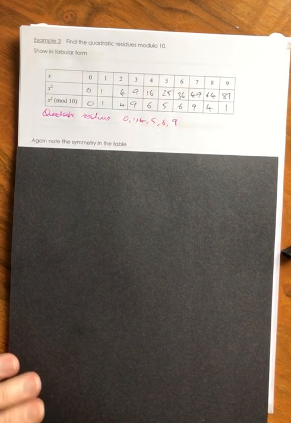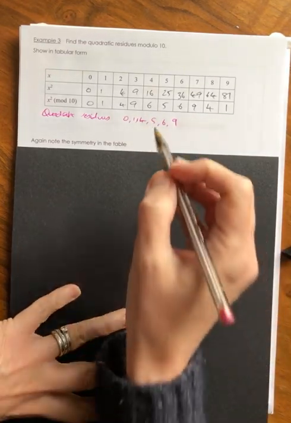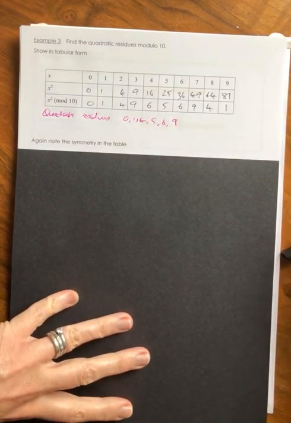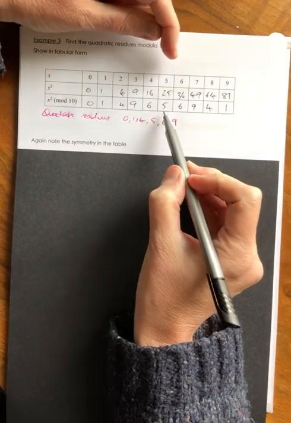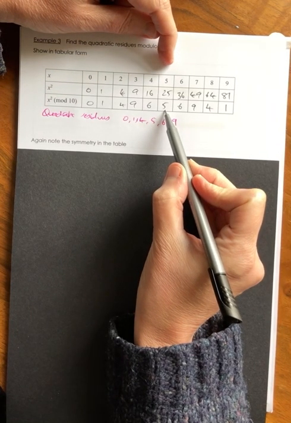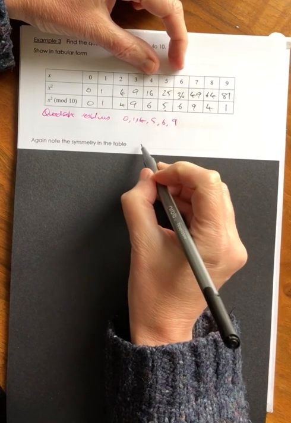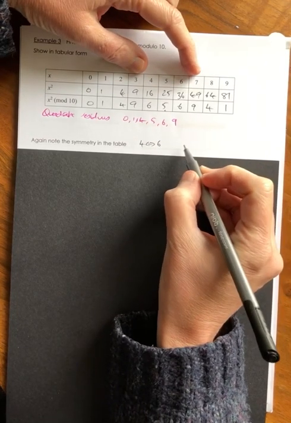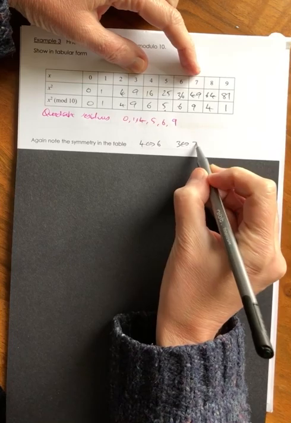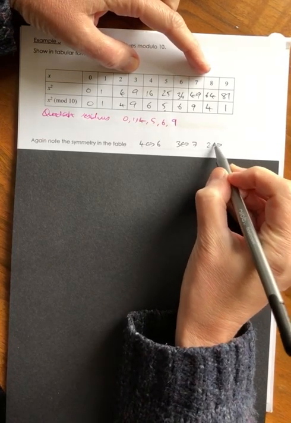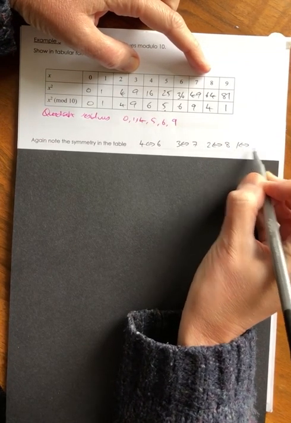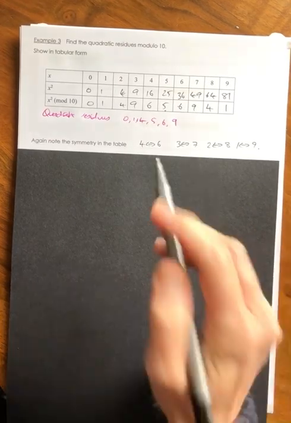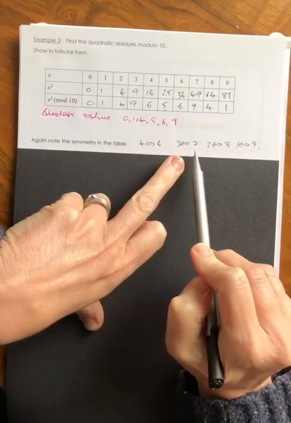Note again what's going on with the symmetry. 5 is that middle point, and then the 4 corresponds with the result for 6, 3 with 7, 2 with 8, and 1 with 9. We're mod 10. Oh no, look, number bonds.